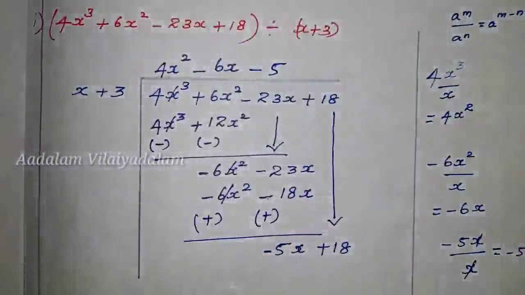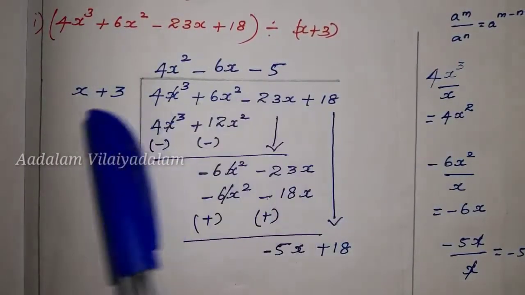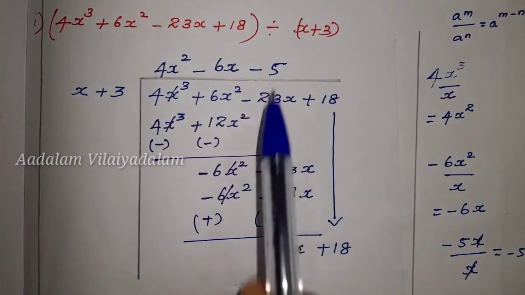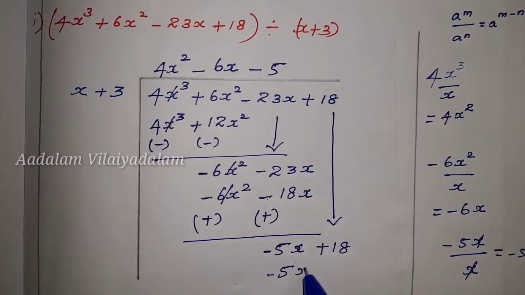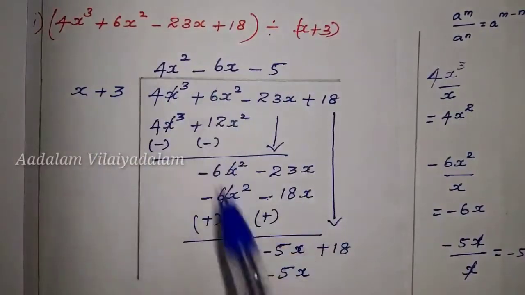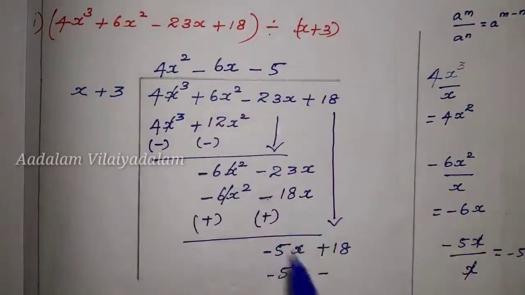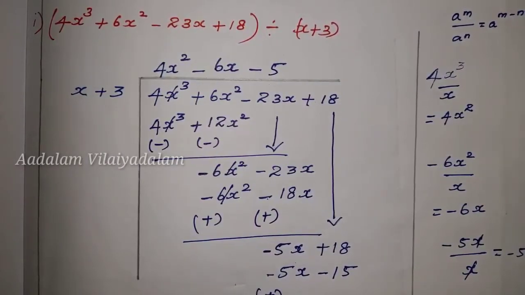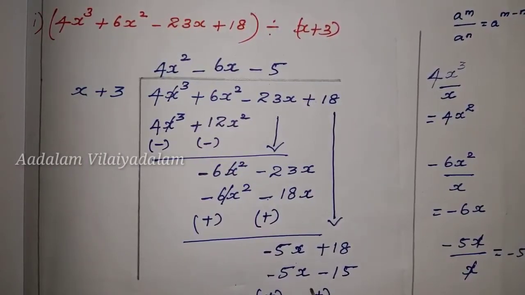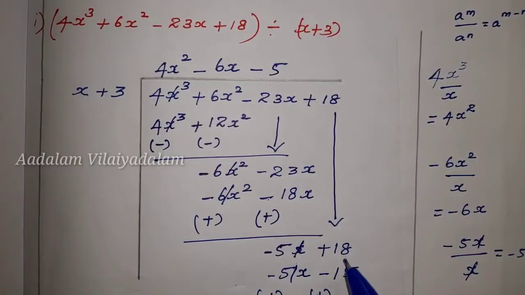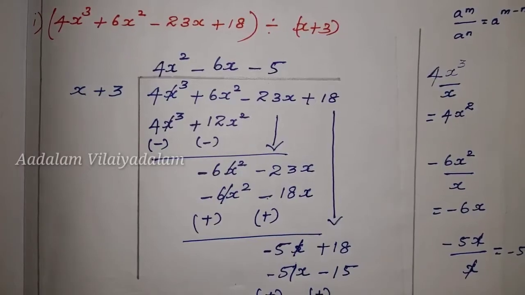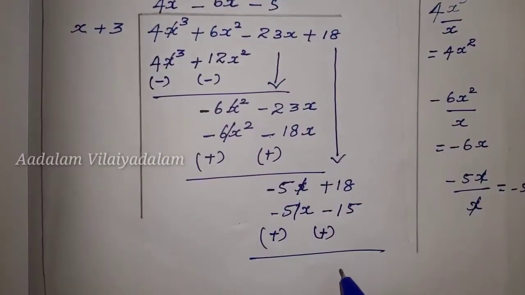Now multiply minus 5 into x plus 3, that is minus 5 into x, minus 5x. Plus into minus, minus. 5 3s are 15. Now here minus means this is plus, minus, here also plus. The first term cancel. So 18 plus 15, the answer is 33.